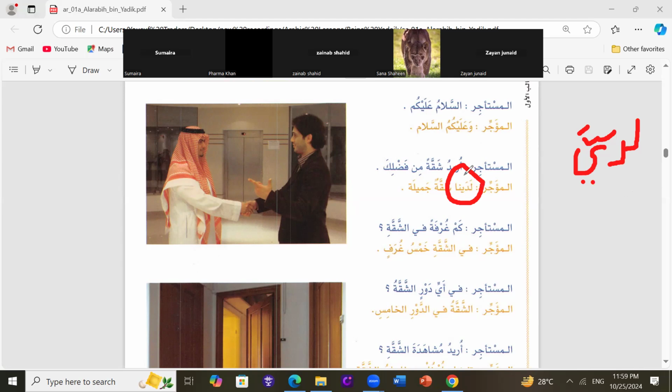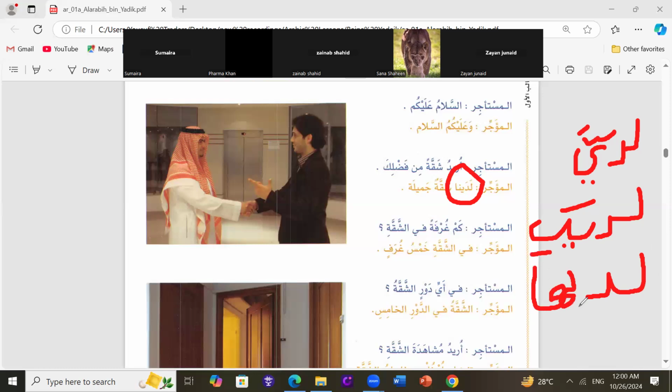We are not supposed to say anything else. But we need to understand that it means I have, we have, you have, ladayka and ladayki, ladayhu, ladayha, as he or she, if you remember.